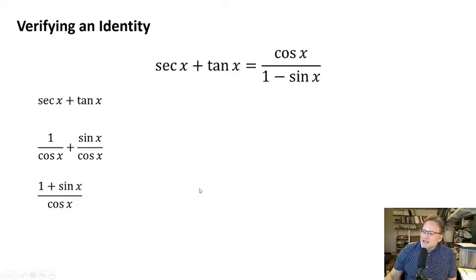Interesting. So let's take a look at what we've got on the other side over here. 1 minus sine x sitting on the denominator and cosine of x sitting in the numerator here. How are we going to make this traverse here? Well, if I multiply top and bottom here by cosine, then I'll be able to get a cosine squared down here.